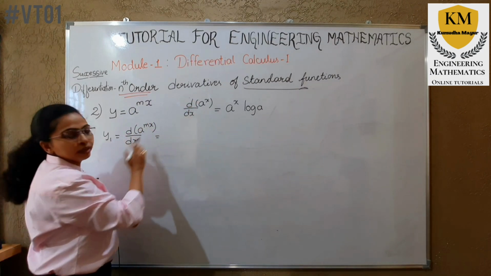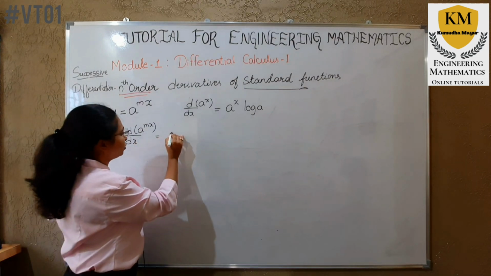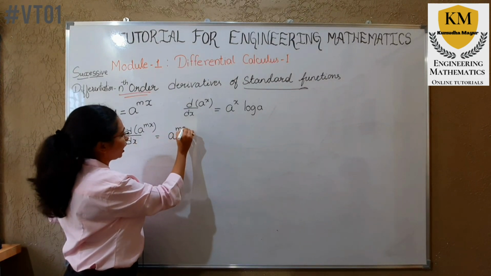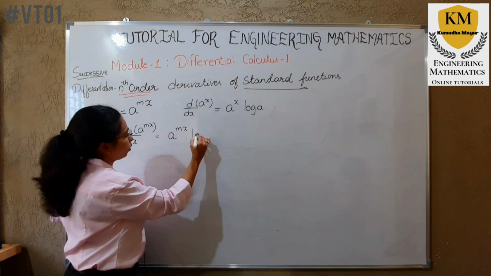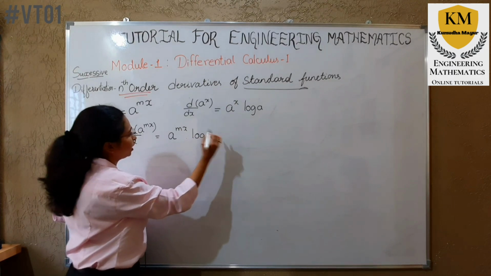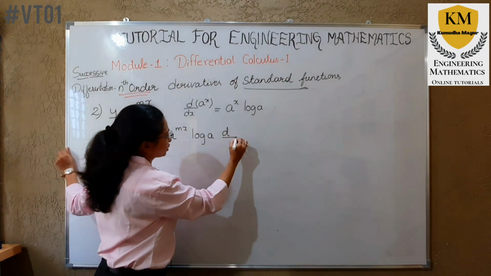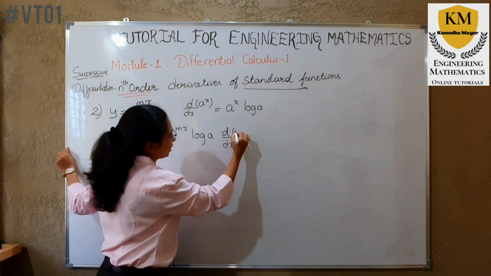You can observe here this is like standard functions. So when I differentiate this, you are going to get a to the power mx into log a into d by dx of mx.